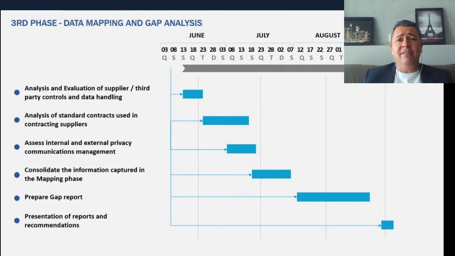Or sometimes we have identified that the organization processes data privacy on a large scale, with a huge number of data subjects, and they get a lot of requests from the individuals, from the data subjects, and the organization is not able to organize all these requests and get all the information needed to respect the data subjects' rights.